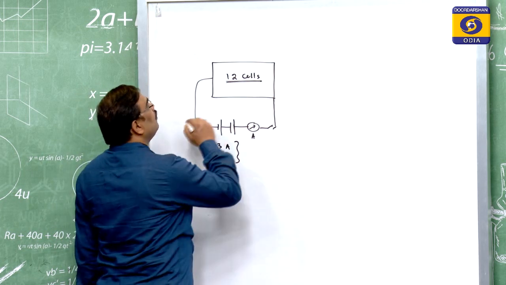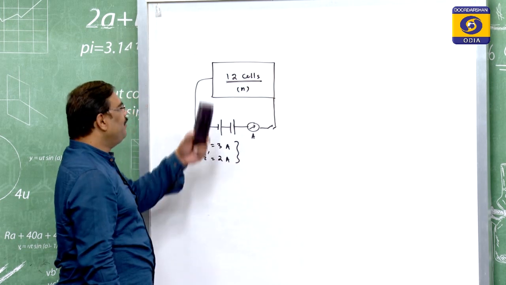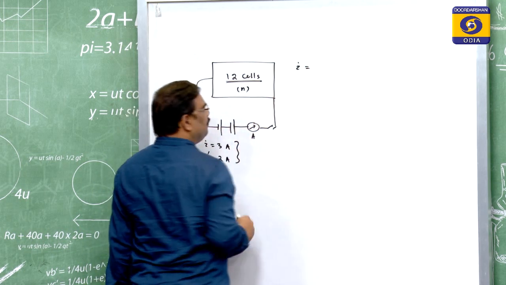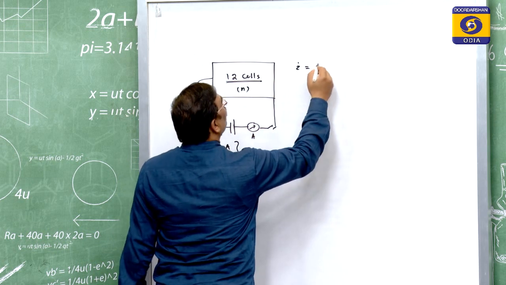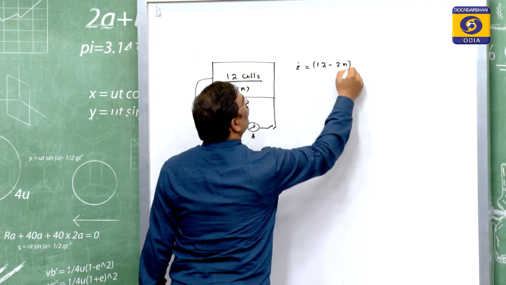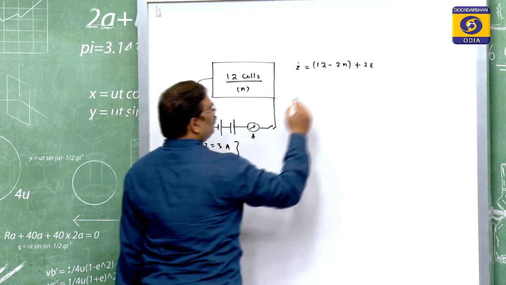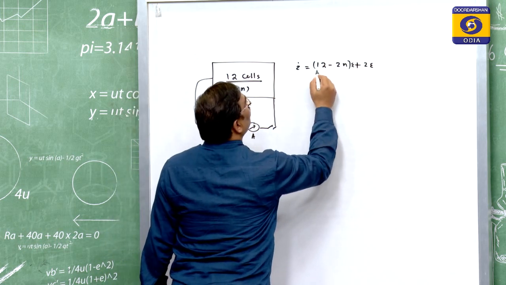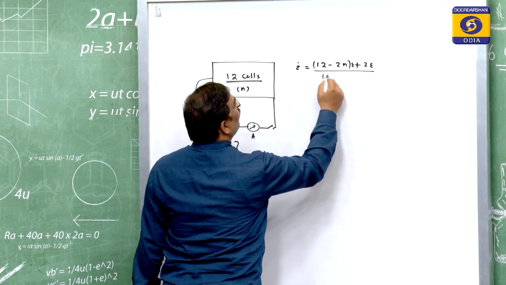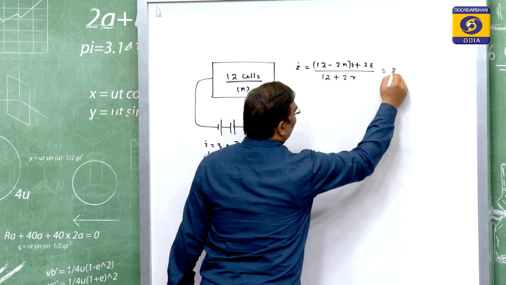Suppose n number of cells are wrongly connected. Then my current will be (12 minus 2n)E plus 2E, divided by 12r plus 2R, and this is equal to 3 ampere.